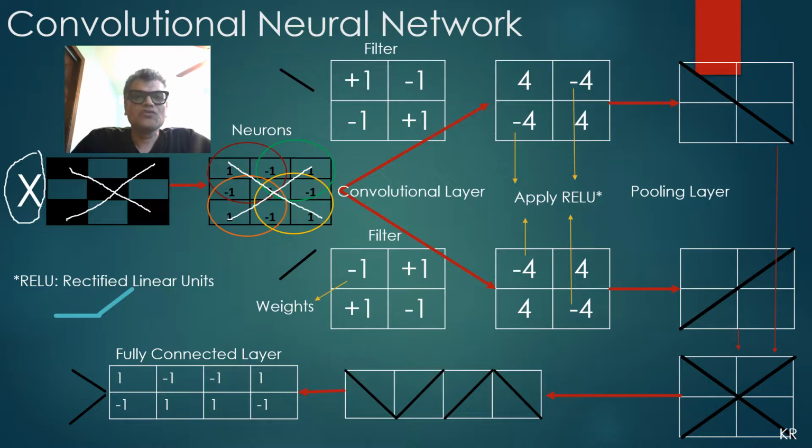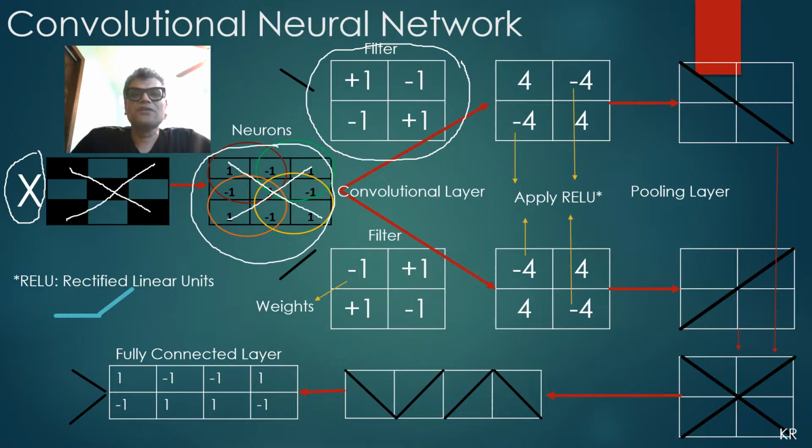Now, once you have this converted into what we call neurons, or a matrix of +1s and -1s, then what the neural network basically does is apply what we call the filter. The filter is essentially used to simplify the matrix structure. Now here you have a 3 by 3 matrix structure. Leveraging the filter, what we can do is convert that into a 2 by 2 matrix structure.